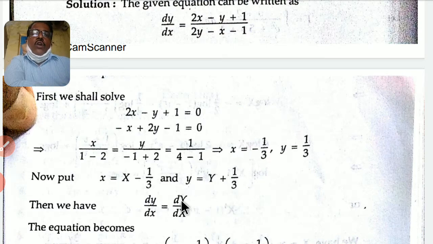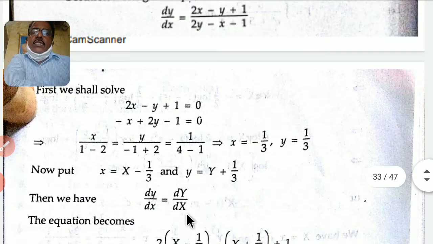So dy is dY. Then similarly dx, differentiate this with respect to x, then this gives dx is equal to dX, this constant, differentiation of constant is 0. So dy by dx is equal to dY by dX.